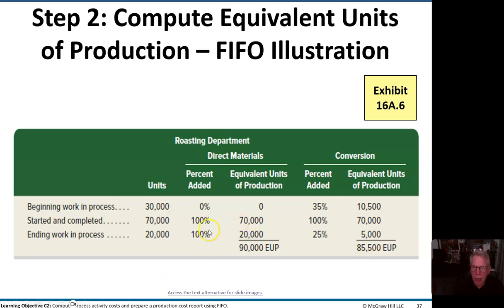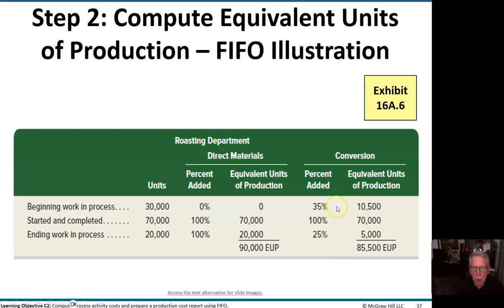Now, if I look at the units here, here, and here that we just did, we're going to have percent added for direct materials. That'll be 100%. So that's going to be 90,000 equivalent units of production.